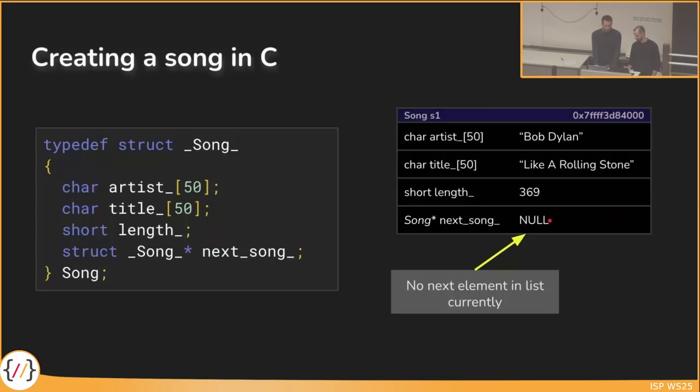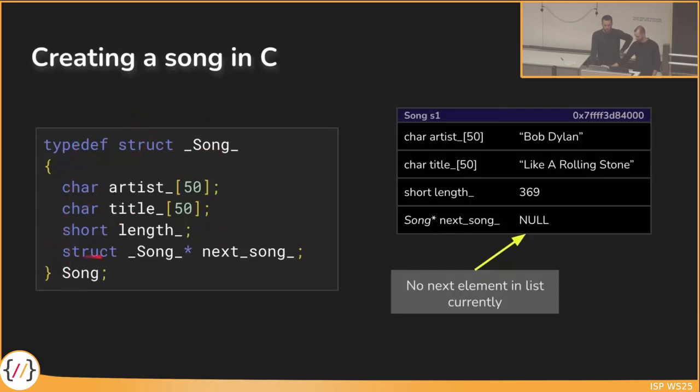I want to point out that you cannot write here just song pointer, next song. Why not? Because it's not defined here, it's defined in the next line. So we have to use this name here because the compiler knows it already, it's above in the code. struct _song_ is the same as song, our typedef does that for us.